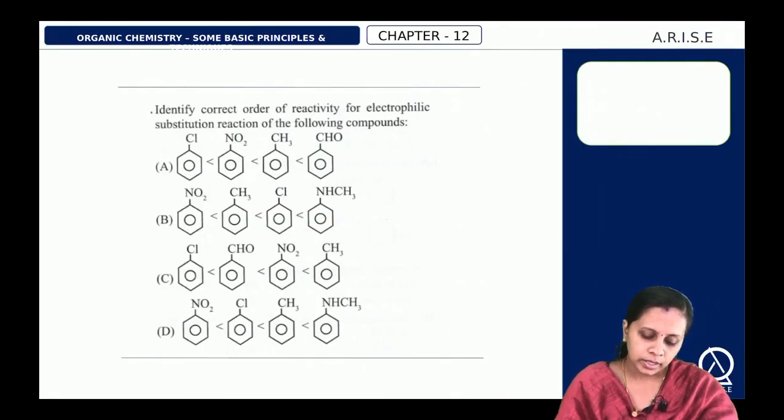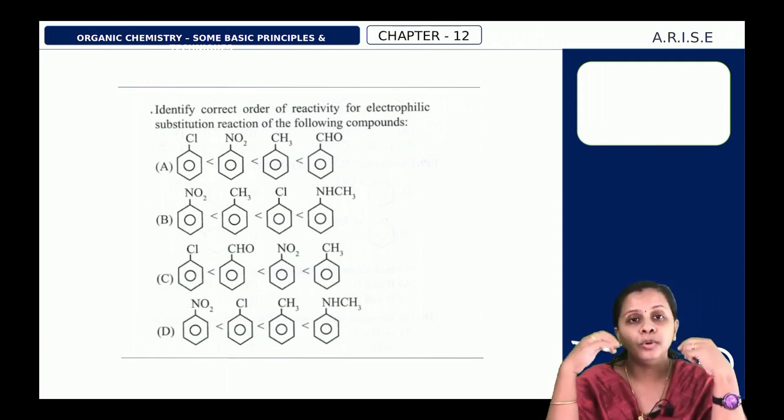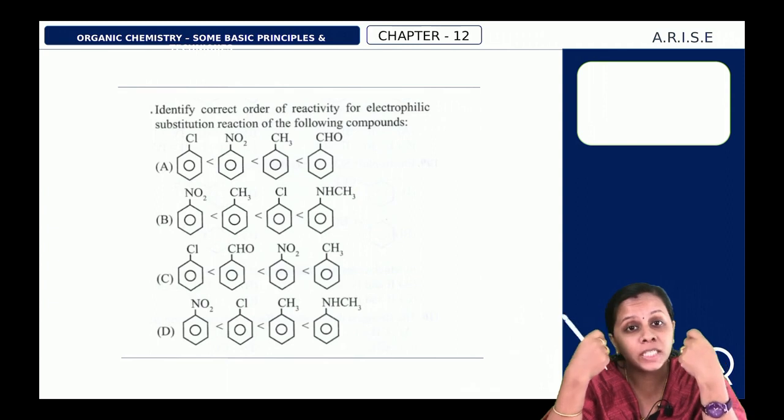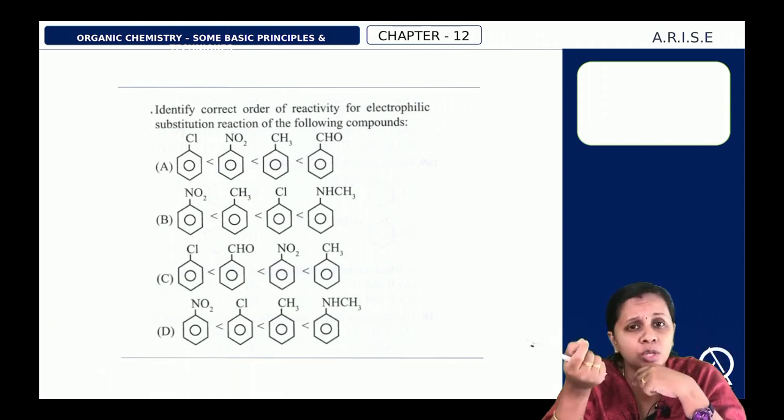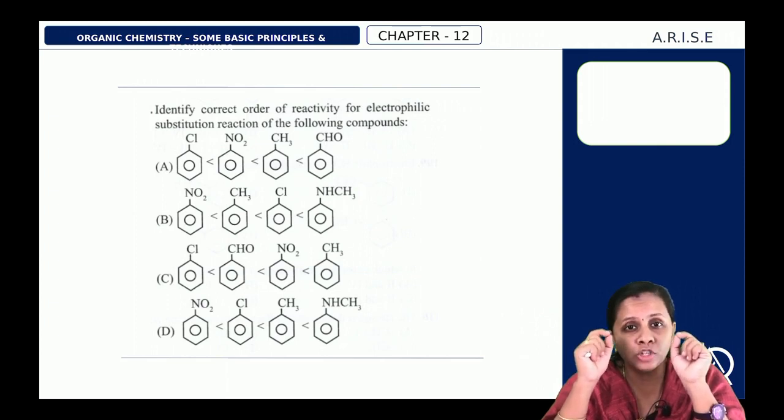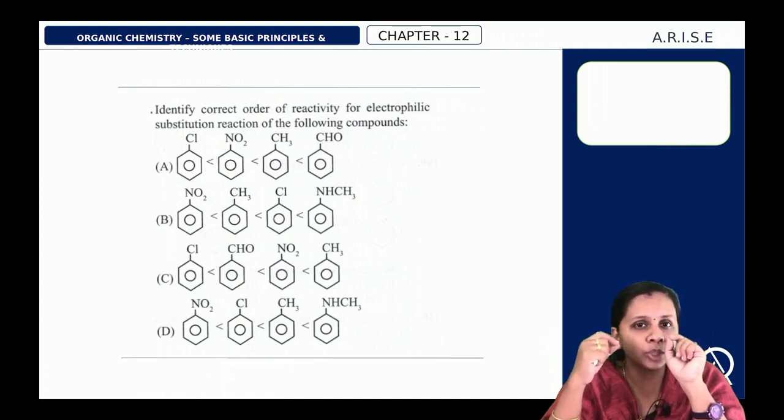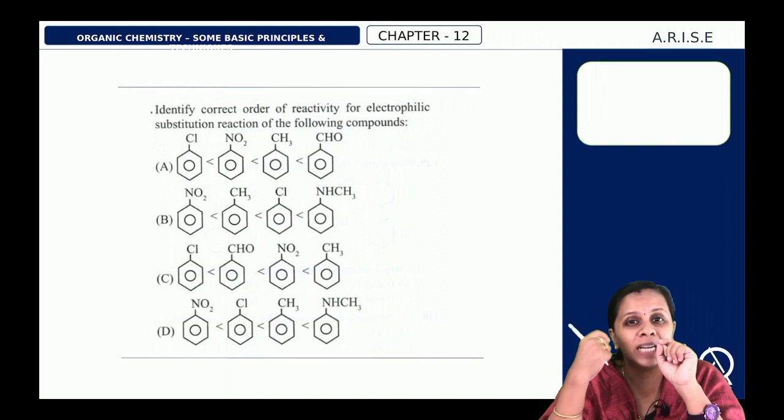Identify the correct order of reactivity of electrophilic substitution of the following compounds. Ortho-para directing groups, or activating groups, increase the tendency for electrophilic substitution reaction. What is an electrophilic substitution reaction in benzene compounds? The hydrogen atom in the benzene ring is replaced as H plus by the incoming electrophile. That is known as electrophilic substitution reaction. An electrophile prefers to attack where the electron density is higher.